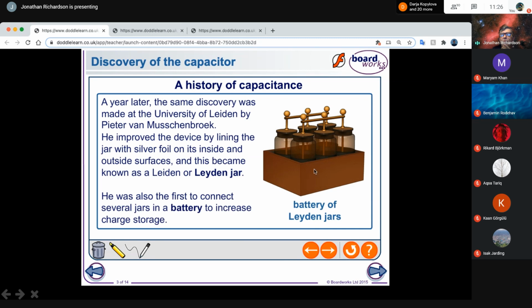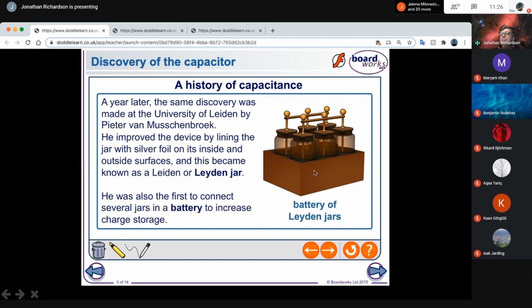When we make a connection between each of these jars, we connect them together just as we would in a battery. And indeed, this group of jars was called a battery of Leyden jars. And this comes from something similar to the military terminology, which we use to describe a battery of soldiers, a group of soldiers.